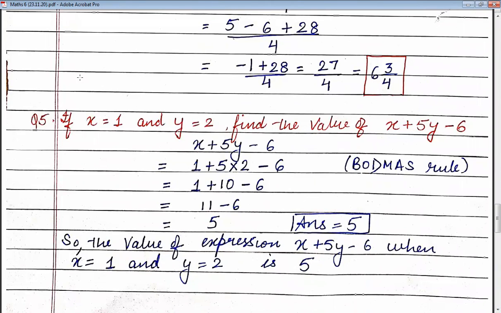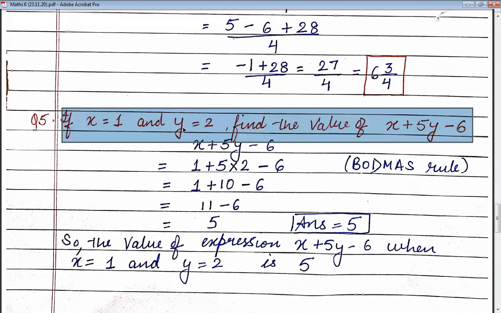Now in question number 5, if x is equal to 1 and y is equal to 2, find the value of x plus 5y minus 6. Let us read the question one more time. If x is equal to 1 and y is equal to 2, find the value of x plus 5y minus 6.